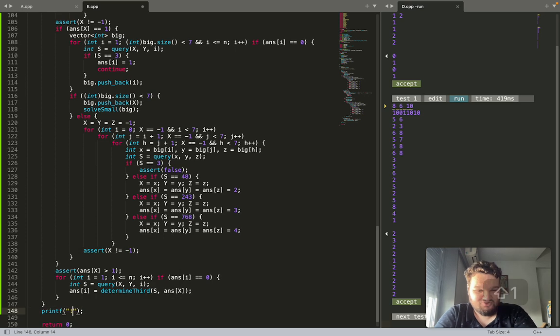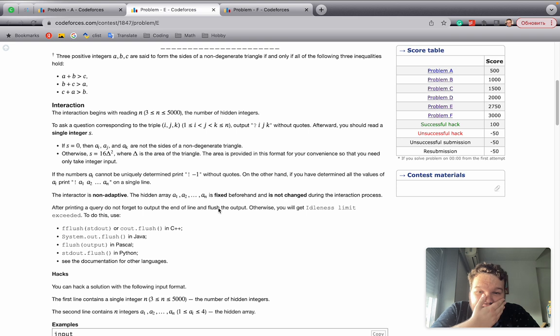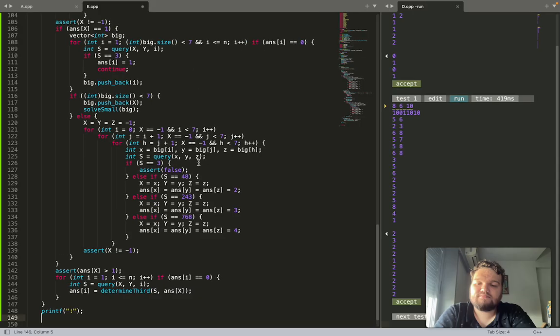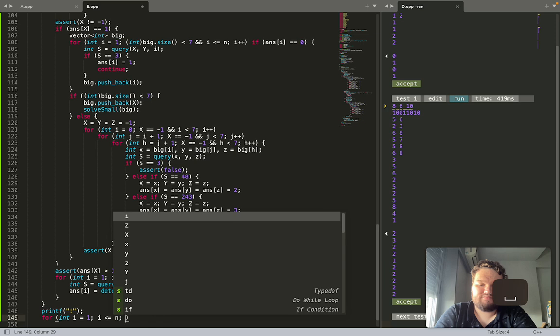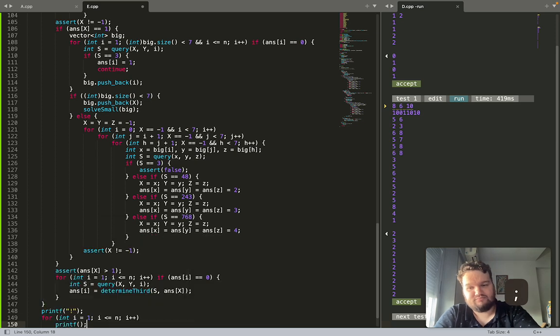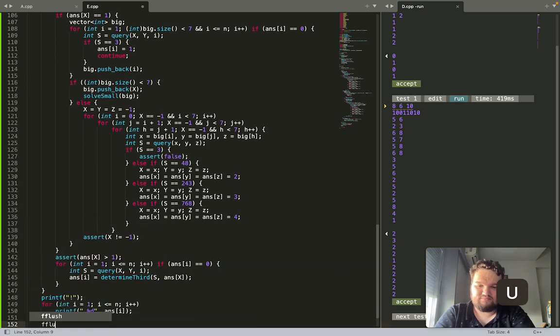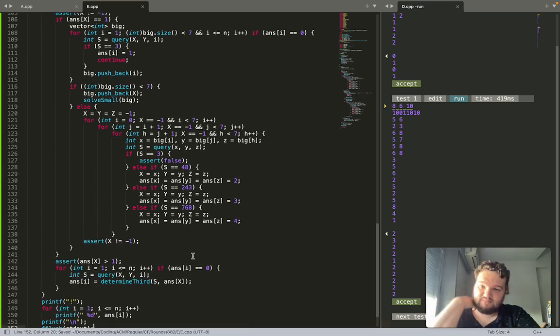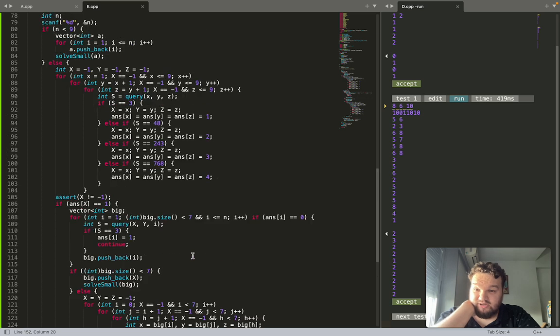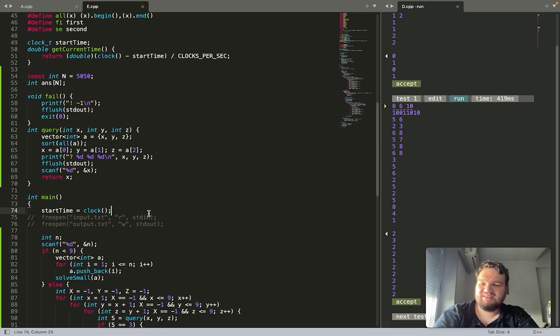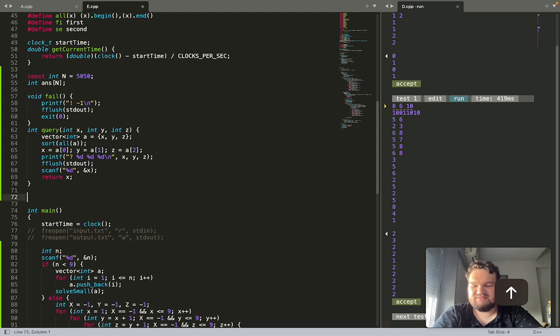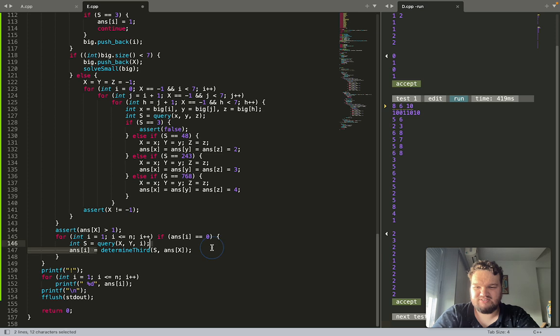So that should be it. Okay. So now what's left is to write solve small and write determine sort.